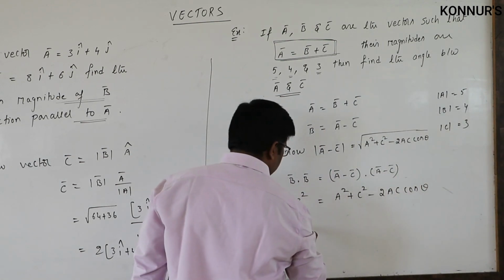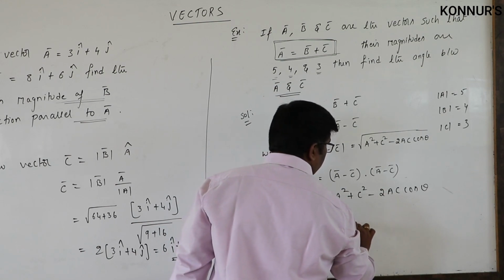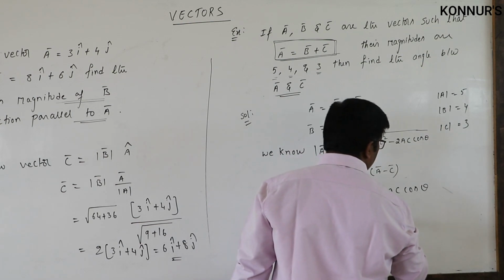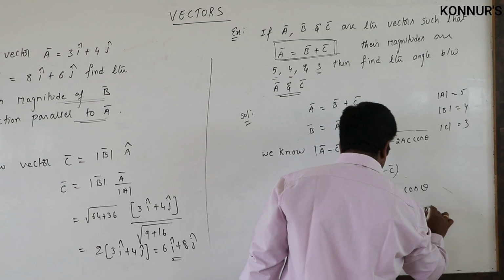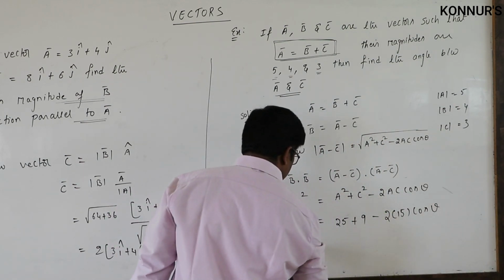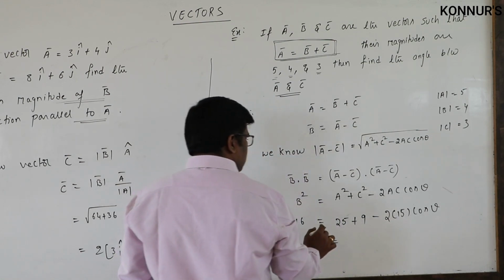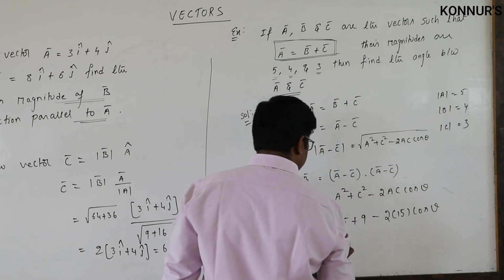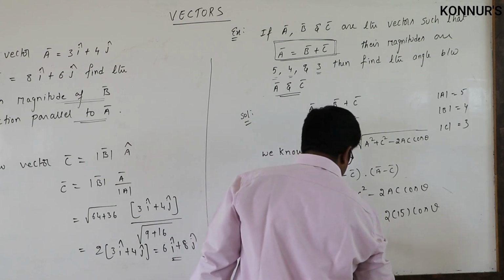After substituting, 16 equals 25 plus 9 minus 2 into 15 cos theta. Then if you simplify it, 30 cos theta equals 34 minus 16, which means 18, you will get.